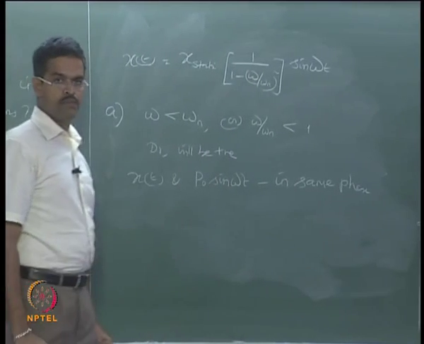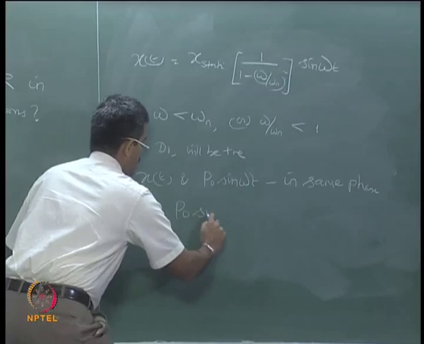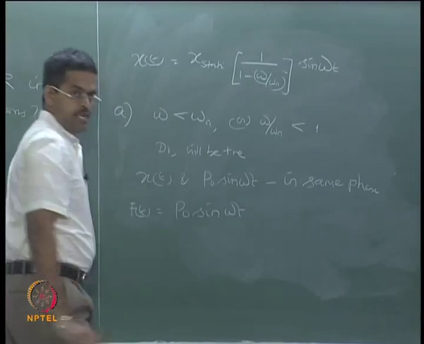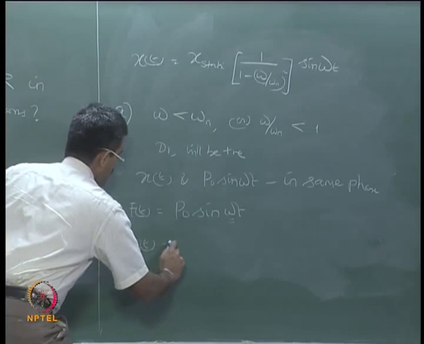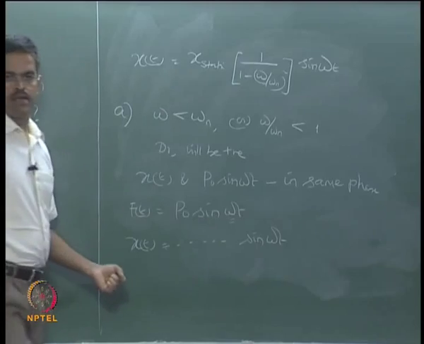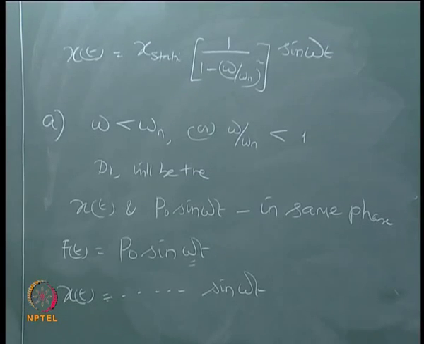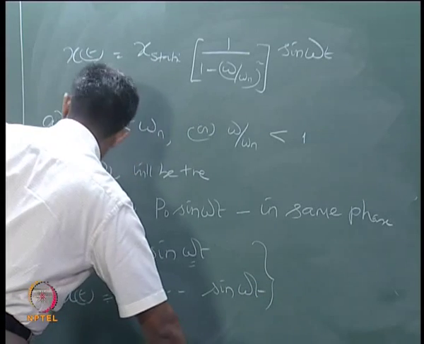How can you say that? Look at f of t. F of t is p naught sin omega t. It is a sine function of a specific frequency, whereas x of t is also sin omega t, is it not? Same phase. What does it mean physically? What do you mean by same phase?